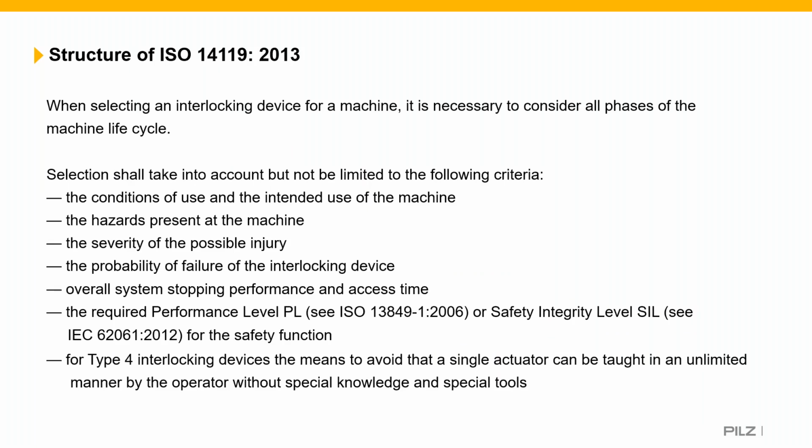So selection shall take into account, but not be limited to, the following criteria: the conditions of use and the intended use of the machine, the hazards present at the machine, the severity of the possible injury, probability of failure of the interlocking device, overall stopping performance and access time, the required performance level or safety integrity level of the safety function, and for type 4 interlocking devices, the means to avoid that a single actuator can be taught in an unlimited manner by the operator without special knowledge and a special tool. And again, we'll discuss that in a bit more detail.